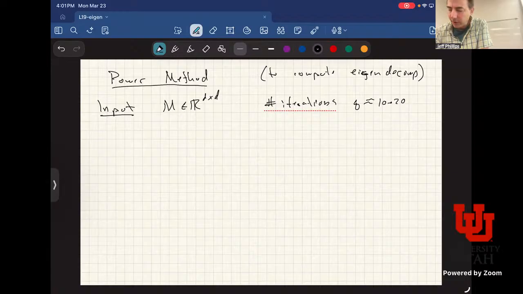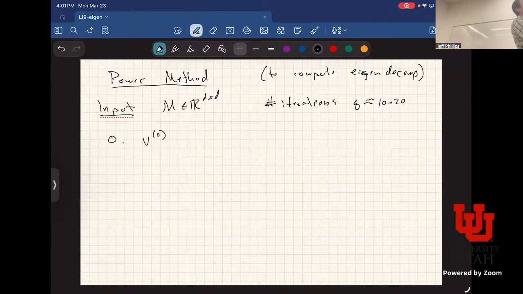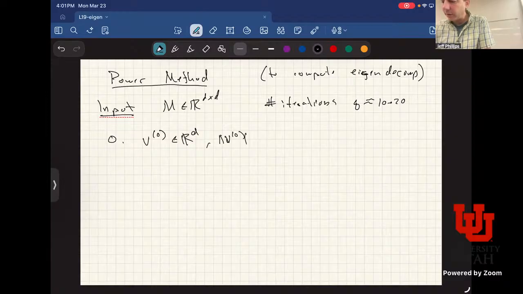First, step 0: I'm going to maintain a vector v0, and this is going to get a better and better approximation of the first eigenvector. This will be a vector in R^d. It's going to have the property that the norm of v0 is equal to 1.